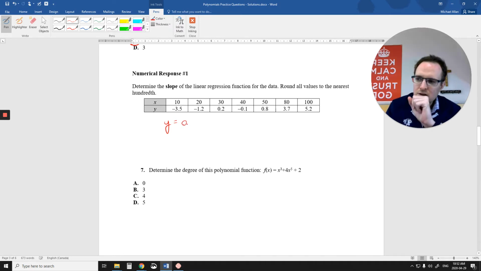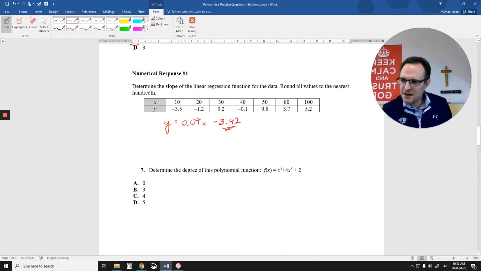So 0.09x, I'm going to round that up, minus, because it says plus b, but the b is negative, so 3.42. Okay, so remember that this represents the y-intercept, and this represents the slope of a linear line, right?